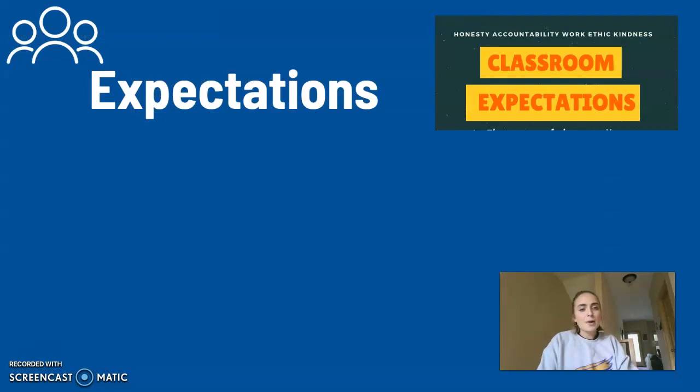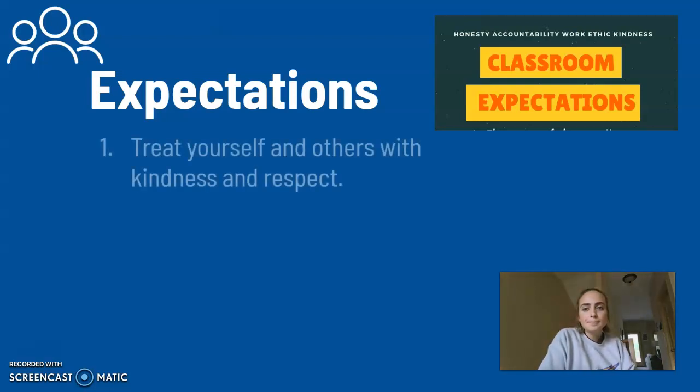Finally, I just wanted to go over my classroom expectations so we're all on the same page about how we're going to act as a community and how we're going to have a successful classroom environment. So my first and most important expectation is that we're treating ourselves and others with kindness and respect. I expect you to be kind and gracious to your classmates, to me, and to yourselves.